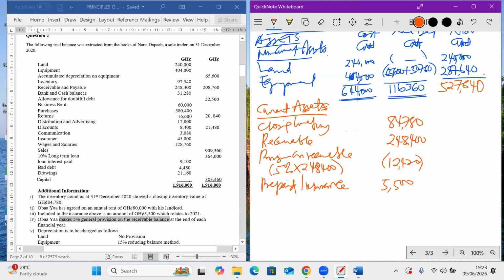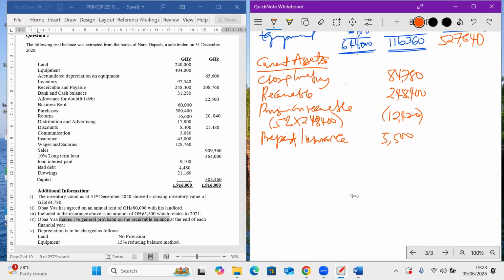Now let me explain this one. Watch here, this figure. See that we didn't use the decrease figure here. We use exactly the 5% on the provision figure. The decrease we sent to the P&L.